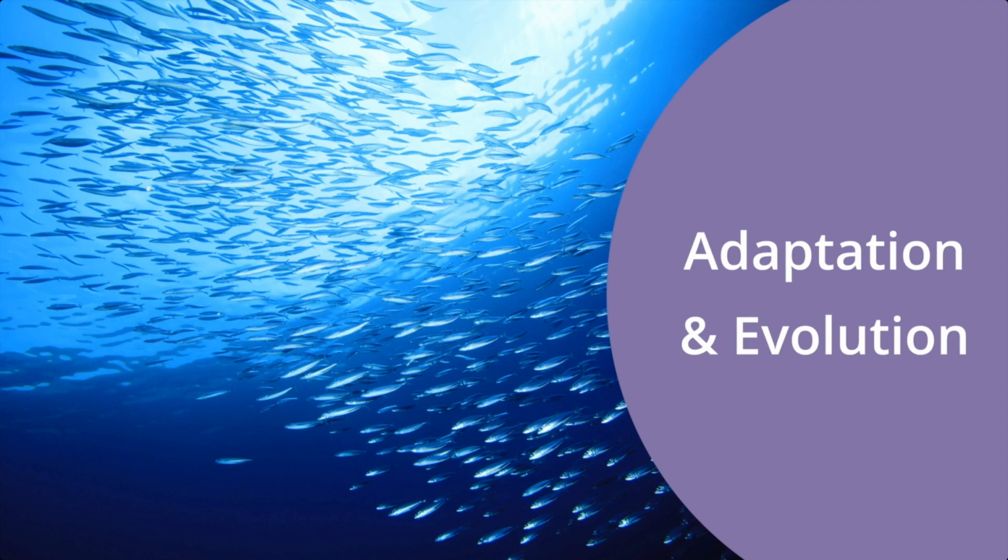So, adaptation and evolution, the final one we're going to touch upon here. Not all complex systems, but most are adaptive systems, complex adaptive systems. There are quite a few that aren't, actually.